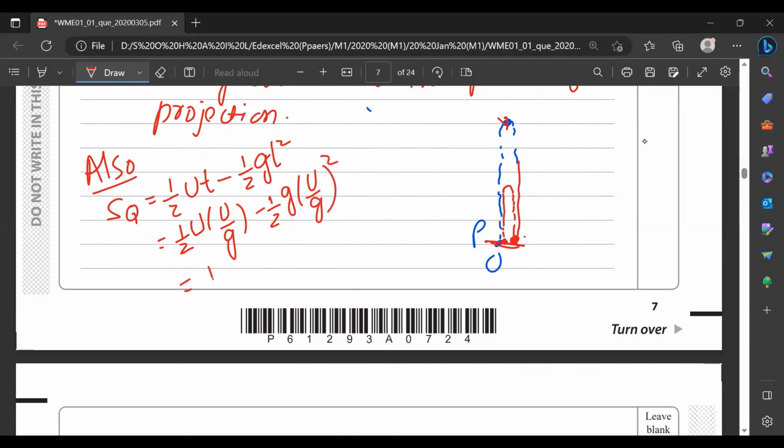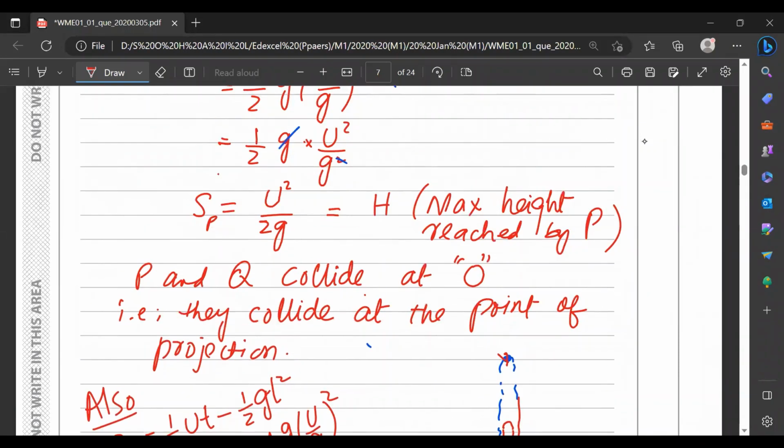When you simplify, it is again U square over 2G minus U square over 2G, so equals 0. SQ equals 0 means the particle Q is at point O. So they collide at point O.